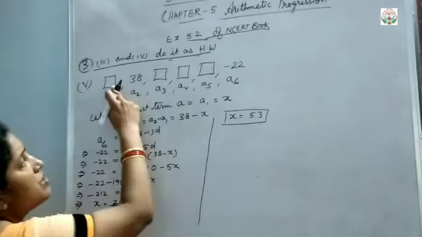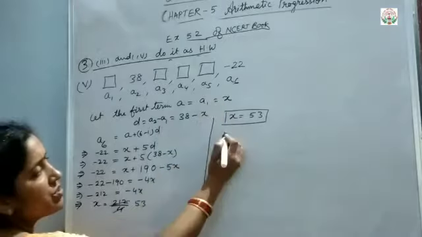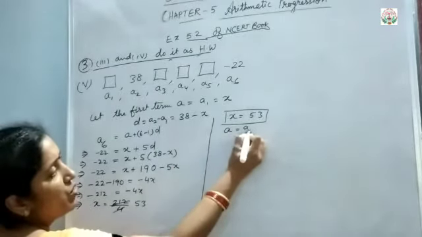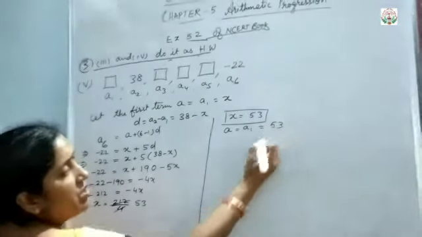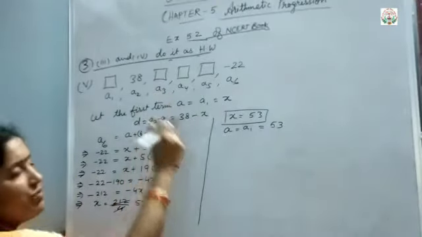That means the first term is known to us, because we have taken the first term as X. So A equals A1 equals 53. This is the first term. Now what is the unknown one? A3 we have to find out.